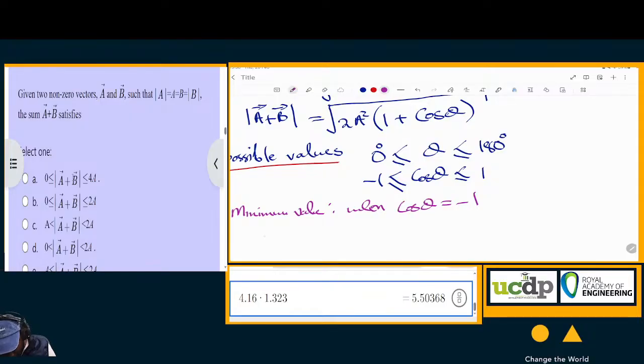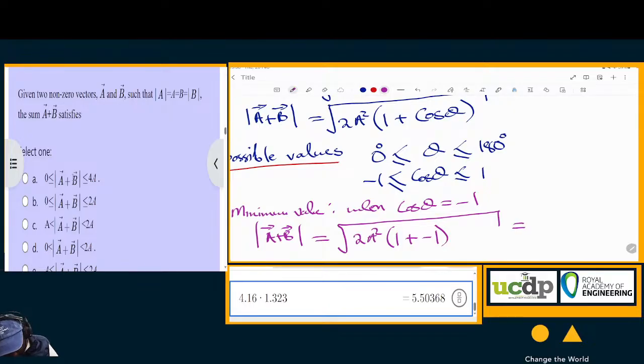When cos theta is equal to -1, A plus B will be equal to 2A squared times 1 plus -1, which gives us 0, so 2A squared times 0.